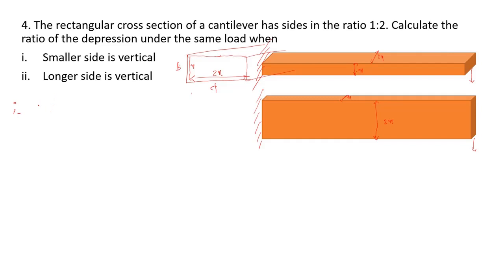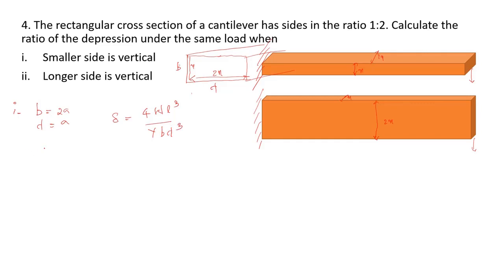So when the smaller side is vertical, we have breadth equal to 2a while the depth is a. The equation for depression at the free end of a rectangular rod is 4 w L cube divided by y b d cube.